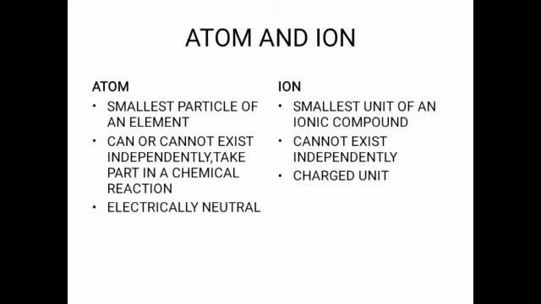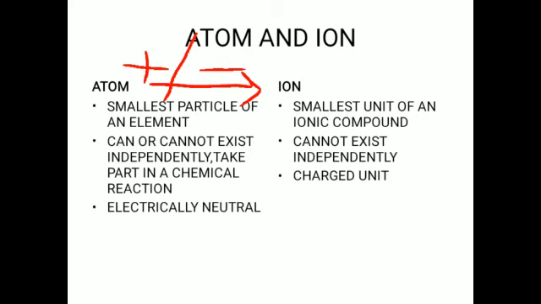Now we will cover when an atom reacts, gains or loses electrons, it becomes ionized. An atom is the smallest particle of an element, but an ion is the smallest particle of an ionic compound.